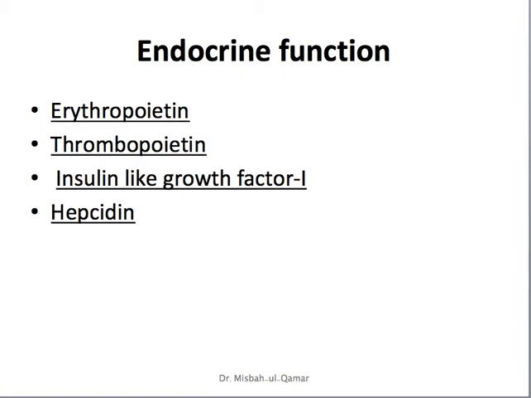Others are insulin-like growth factor 1, which stimulates growth as the name indicates, and hepcidin, which inhibits iron uptake from the intestine. And don't forget that liver also has a role in activating vitamin D in conjunction with kidneys.